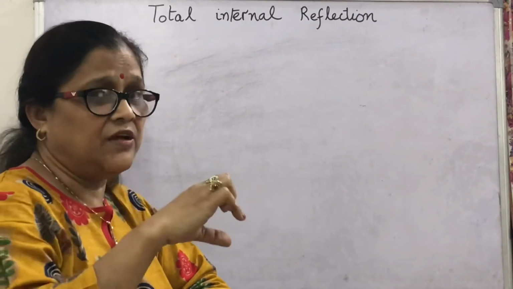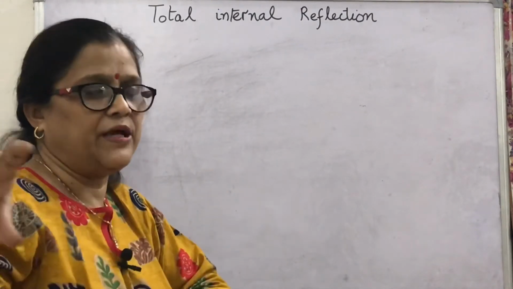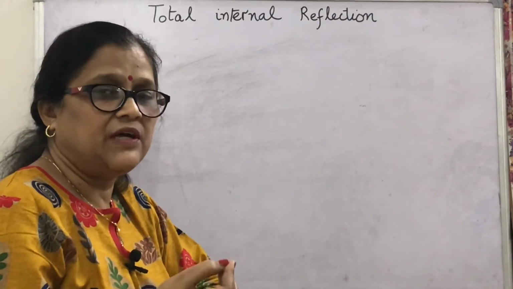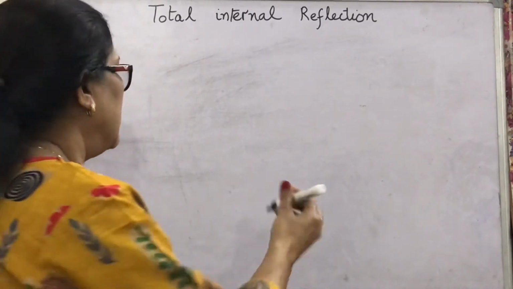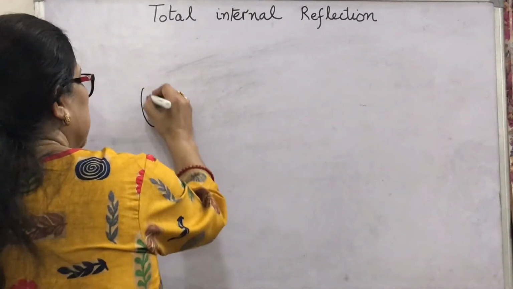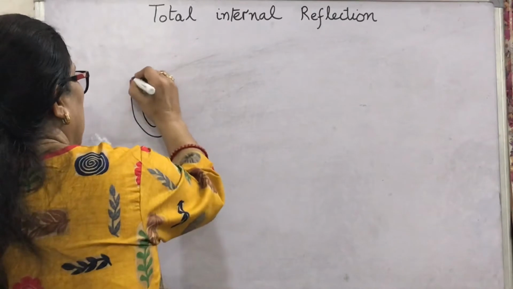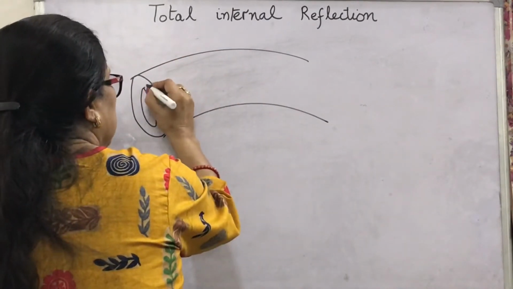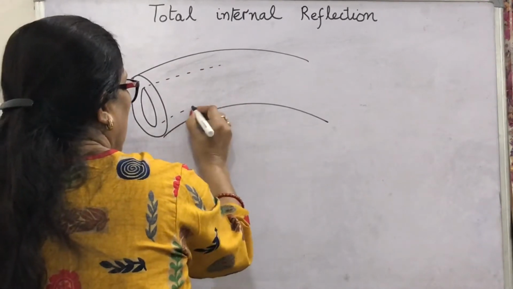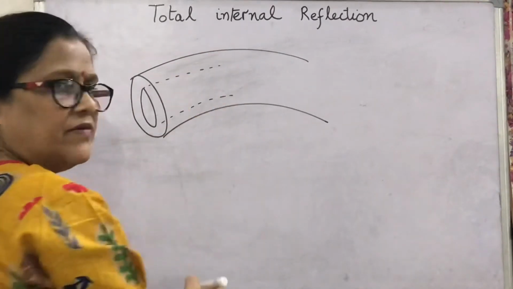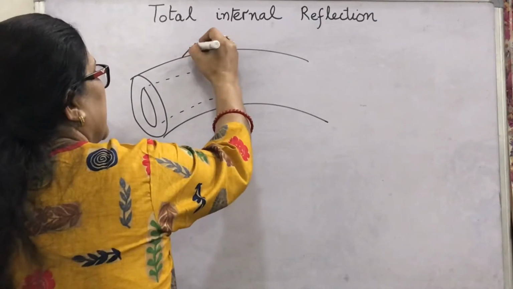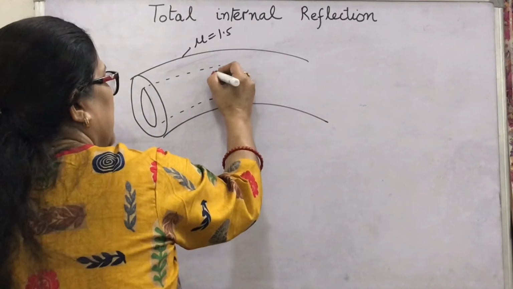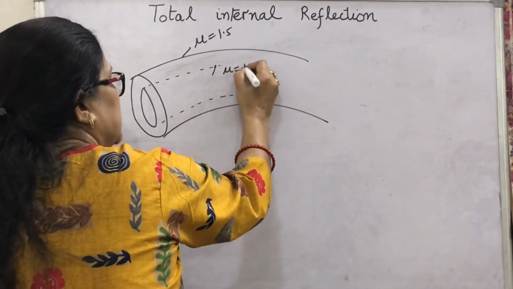The inner wall of the optical fiber, a long hollow pipe, is of larger refractive index, that is 1.7, as compared to the outer one. Suppose this is the optical fiber, then its shape is like this, and this is the inner one and this is the outer one. The outer material has a lesser refractive index, about 1.5, as compared to the inner one, whose refractive index is 1.7.